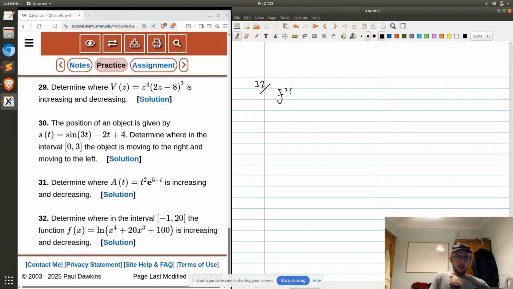Find f prime of x. d/dx of ln x is 1 over x, so there you go, and then here, like that. And then you have to find out where that's 0.